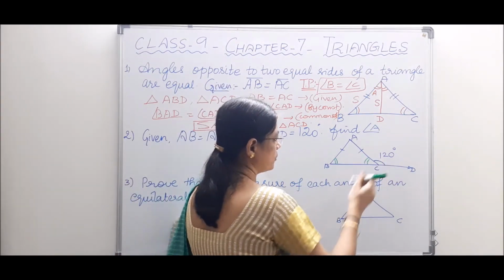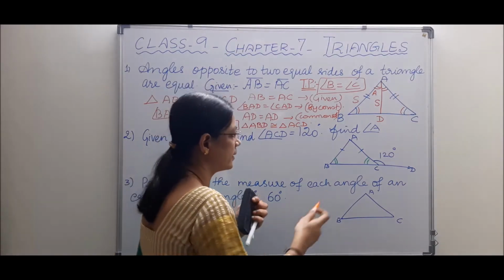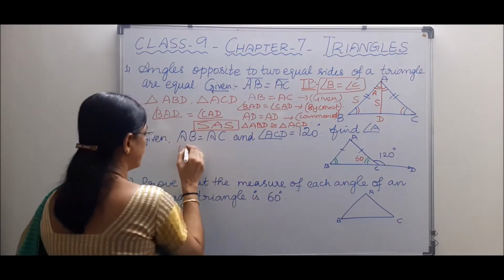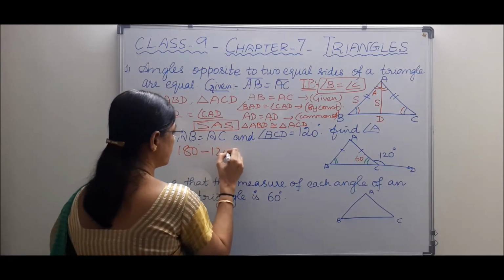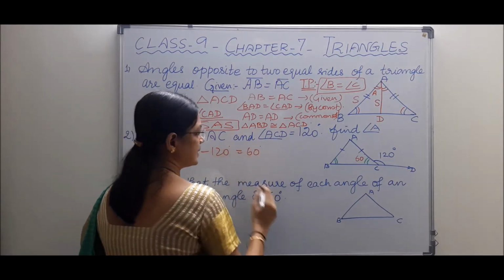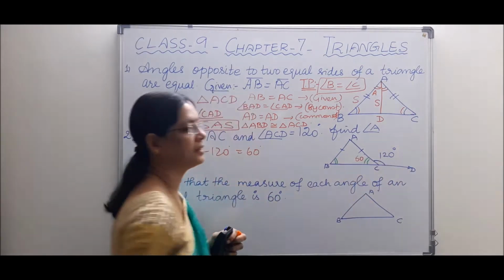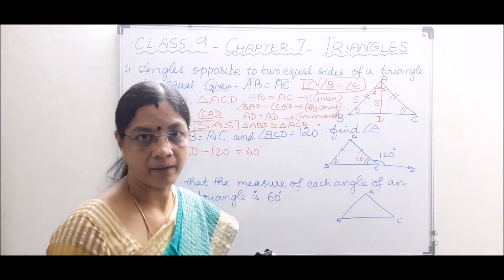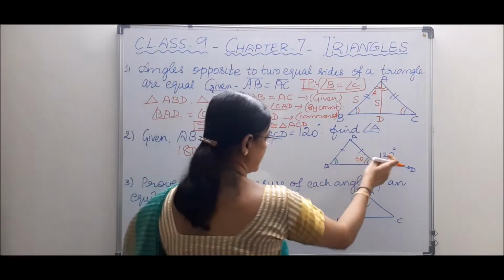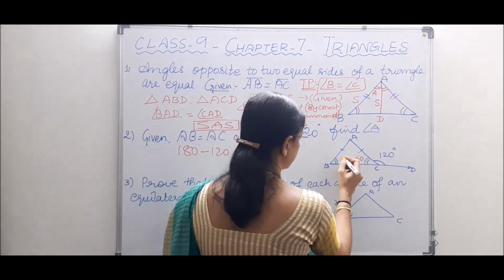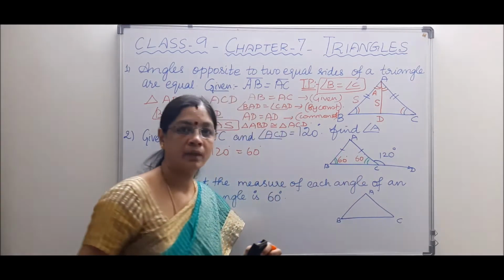So given 120 degrees, what is this angle? You can say this is 60 degrees, because 180 minus 120 gives 60, because angle C and angle ACD form a linear pair, isn't it? So this is 120, this is 60.